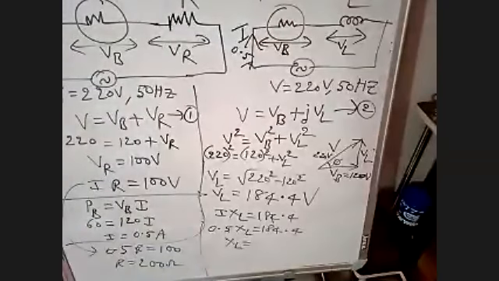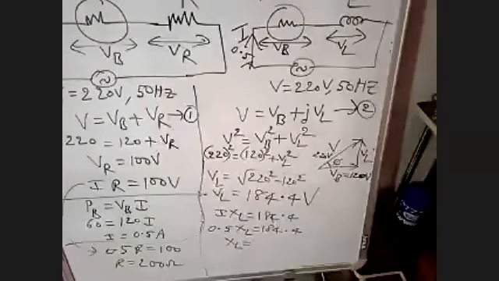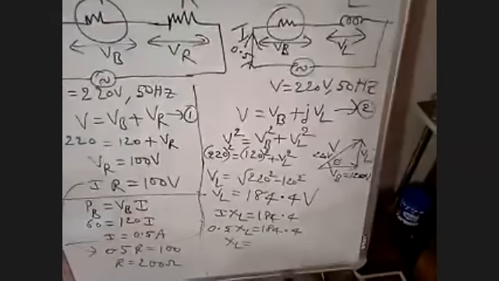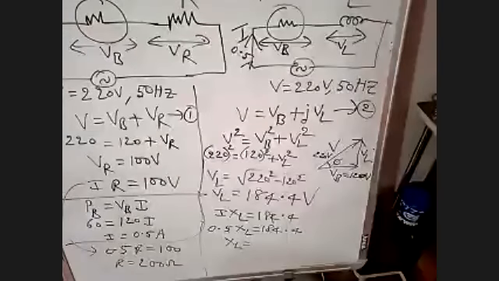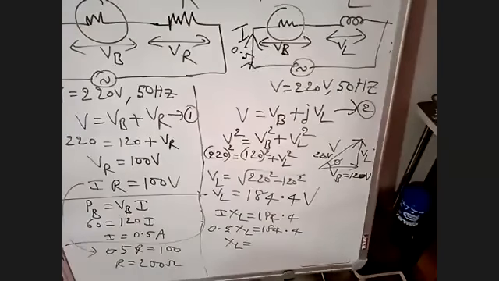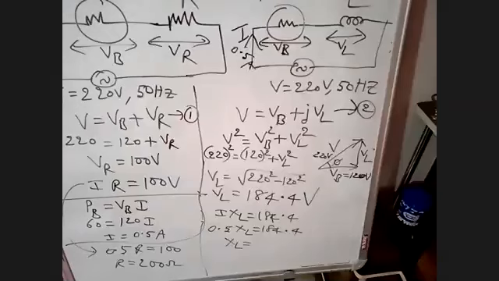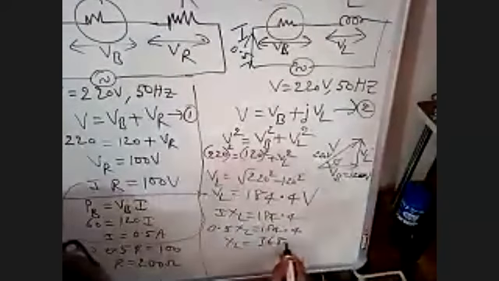Now substitute I here, we will get XL. XL how much will we get? 368.80.